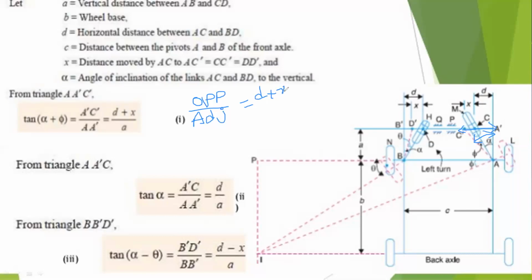And what is the adjacent side? It is small a, that is the adjacent side. So finally I am getting tan alpha plus phi is equal to d plus x by a. Okay, but I am calculating only this tan alpha.